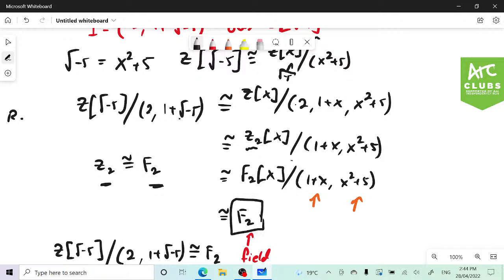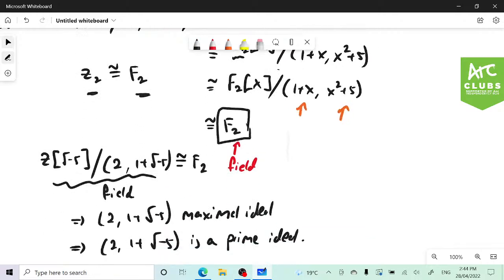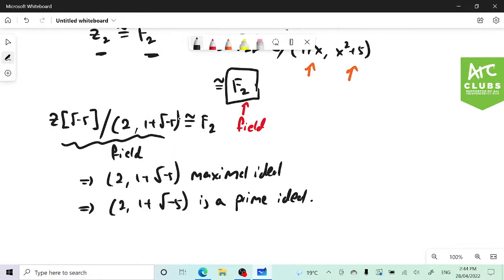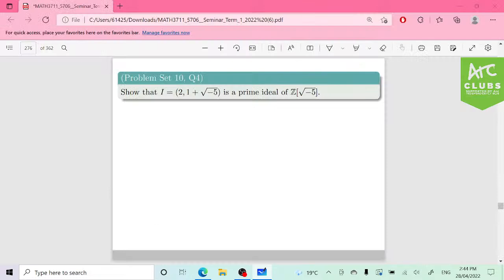And because it's isomorphic to a field, the original quotient ring that we started off with must also be a field, because isomorphisms take fields to fields. And as a result, the ideal that you quotient out by has to be a maximal ideal, and every maximal ideal is a prime ideal. And so you get that this here is a prime ideal as required. Cool.